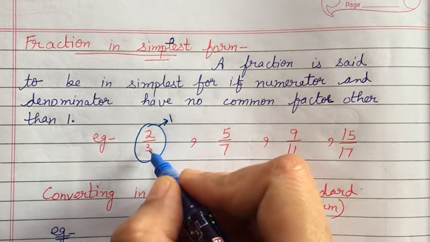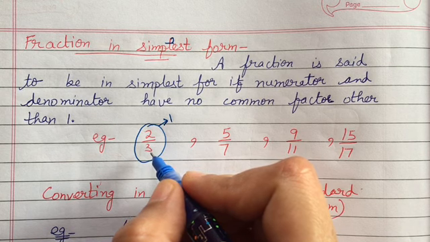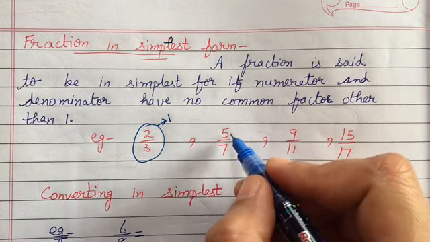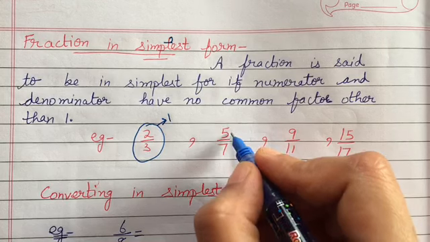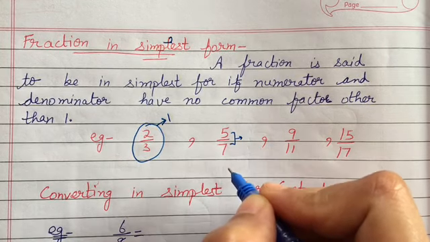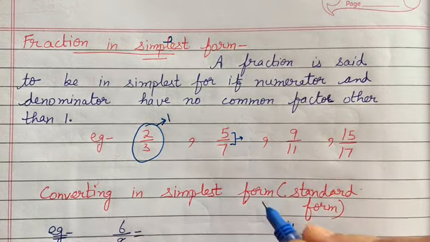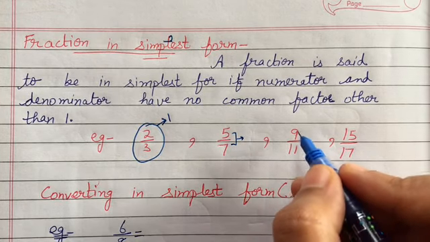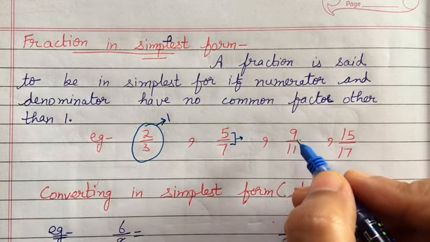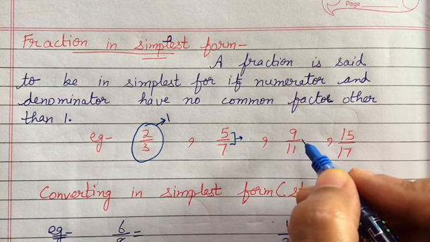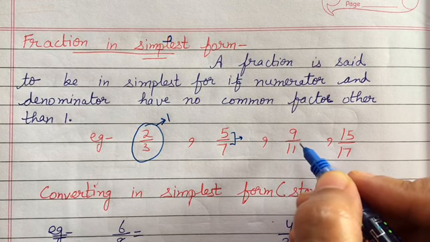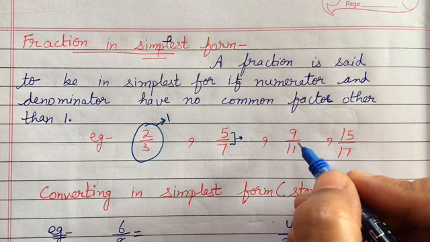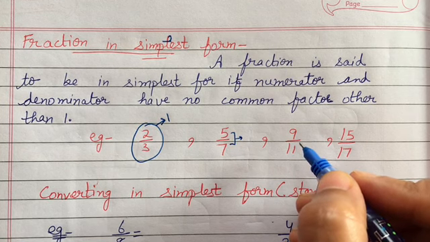So 2 and 3 never come in any table together except 1, like 5 by 7. 5 and 7 both don't have any common factor except 1. 9 by 11, 15 by 17, we cannot simplify further by dividing by any number, because both of them don't come in the table of any other number.